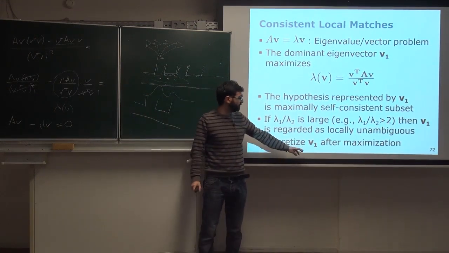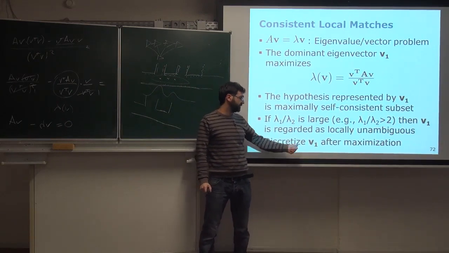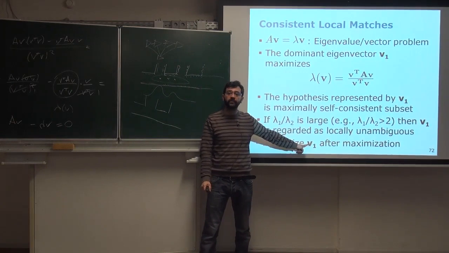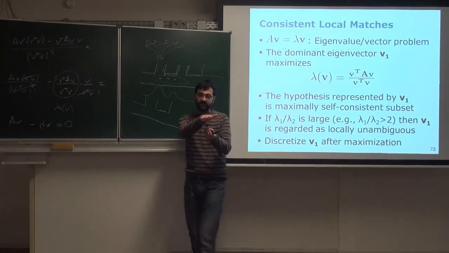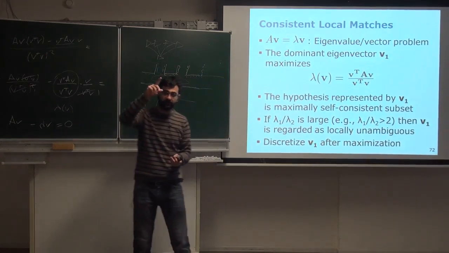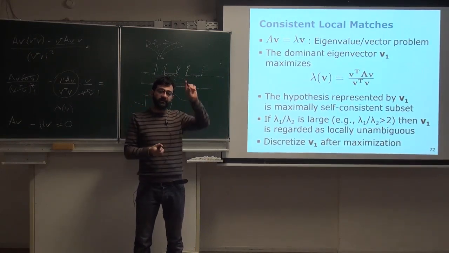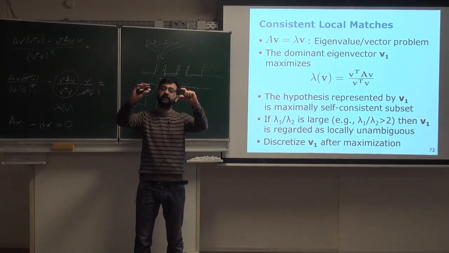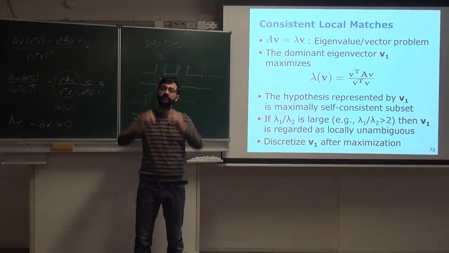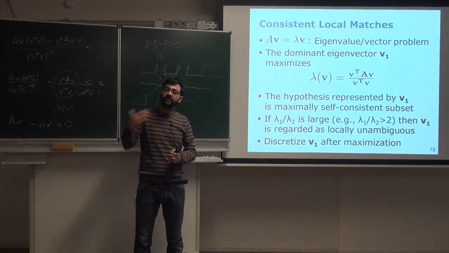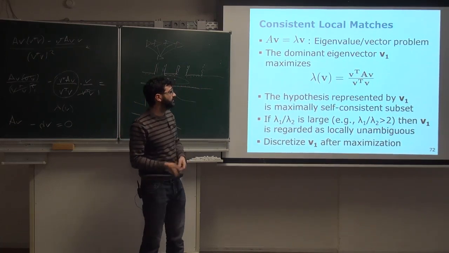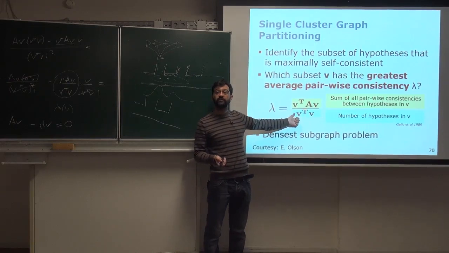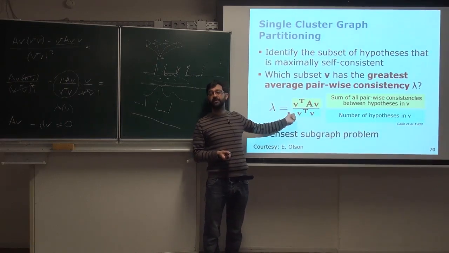One is to find the discretized vector that is the most parallel to V1, so you want to keep the direction. You take the dot product of the discretized vector with the real vector, and you try to make it as high as possible. The other one is to go back to the original formulation, and find the V that maximizes that.